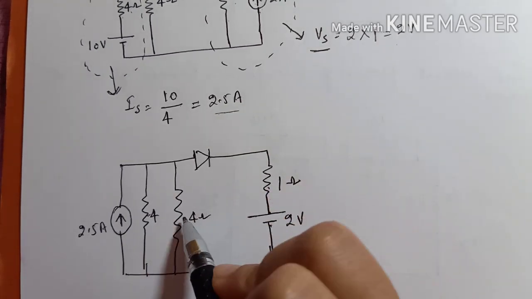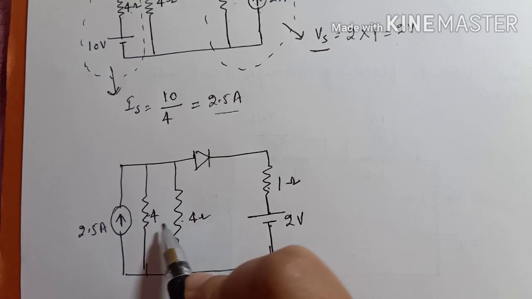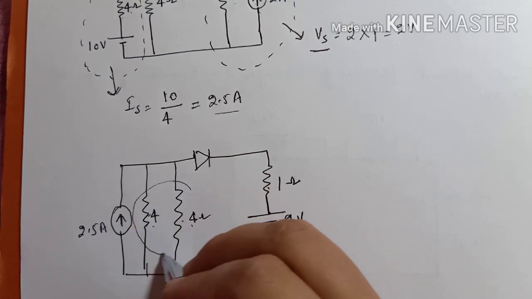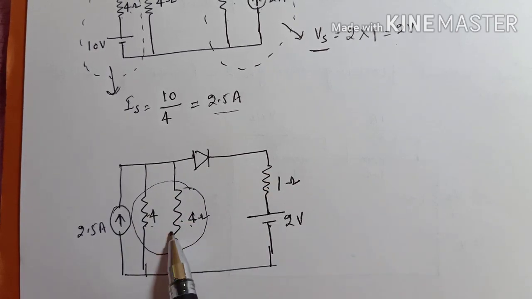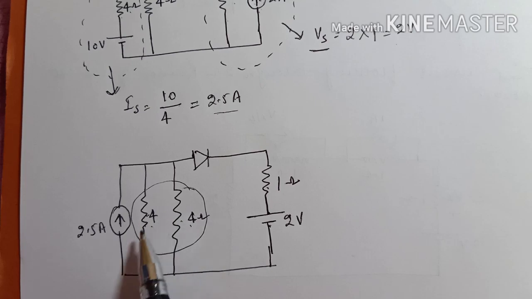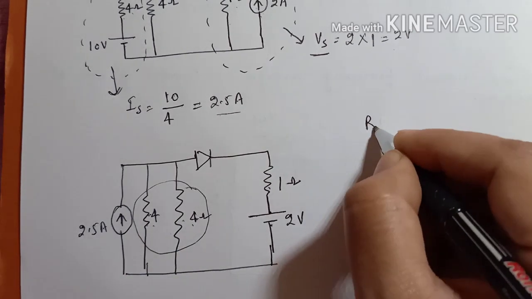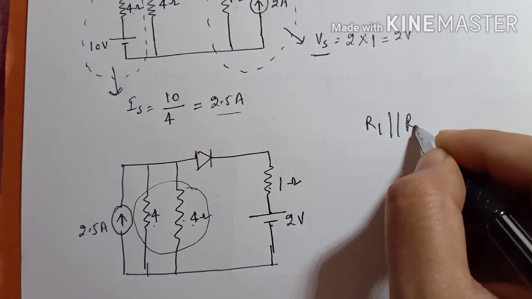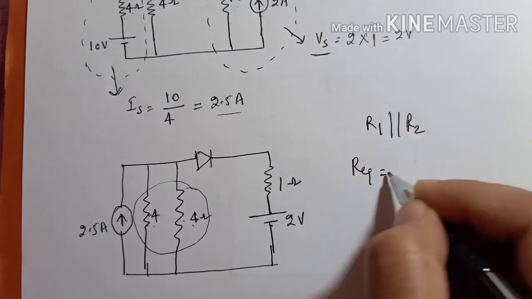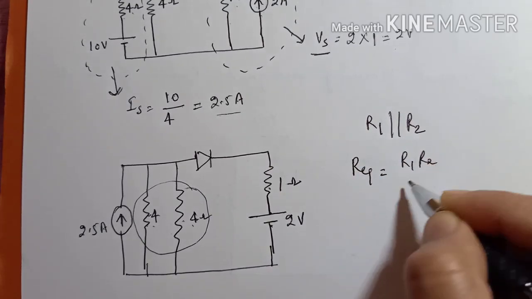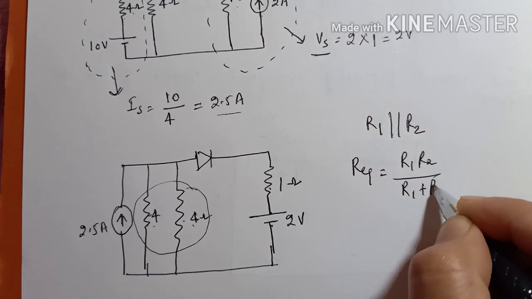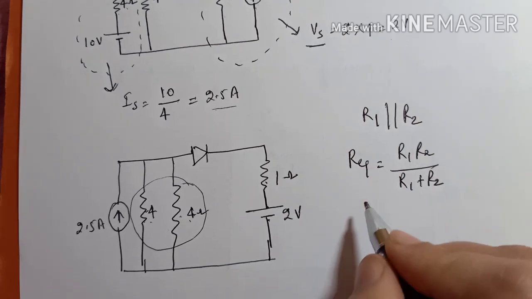Now see here, these two resistances, 4 ohm and 4 ohm, are connected in parallel. So what will be the equivalent of these two resistances? When two resistances R1 and R2 are connected in parallel, R equivalent will be R1 multiplied by R2 divided by R1 plus R2. How is this formula coming?